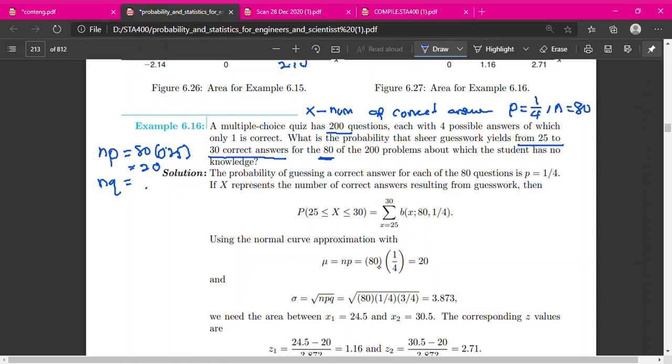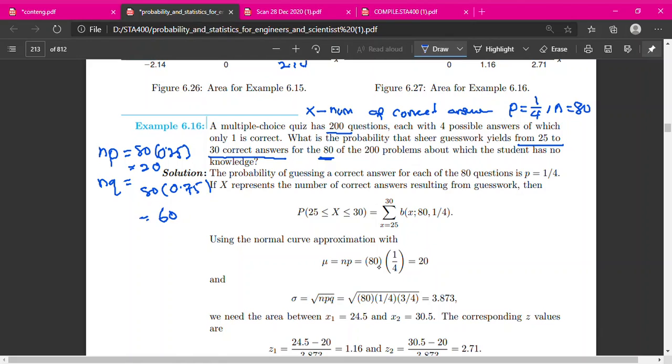And nq adalah 80 multiply 0.75. Of course, you akan dapat more than that, which is 60. Okay, both of np dan juga nq more than or equal to 5. So, we can approximate daripada binomial kepada normal.